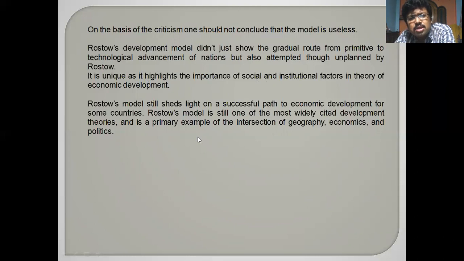You cannot say that on the basis of just the criticism, it is a useless model. It is very important on the basis of geography, economics, and politics. You can find the intersection of geography, economics, and politics in the Rostow model. So it is contemporary in one sense.